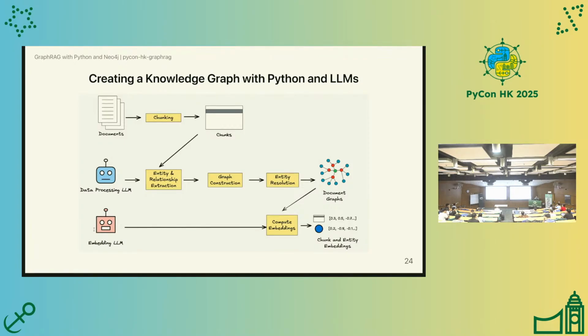So you want to test it on small things first, and be wary about how long it might take. This is the most time-consuming part, because you have lots of documents. Each chunk has to be passed through an LLM to create graphs, so it's a bit time-consuming. But after doing this once, you can search the entire database, so it's worth it.